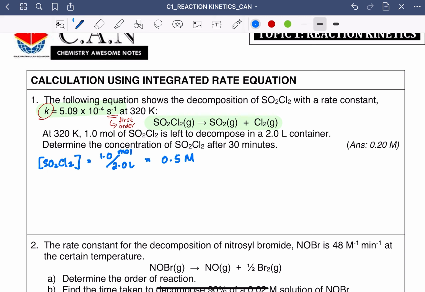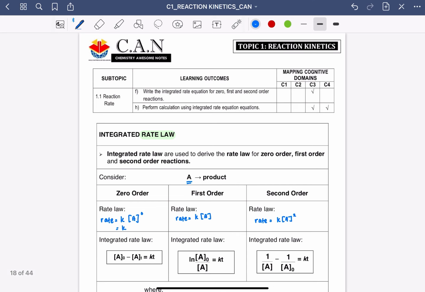This is the initial concentration. Since this is first order, let's take a look back.